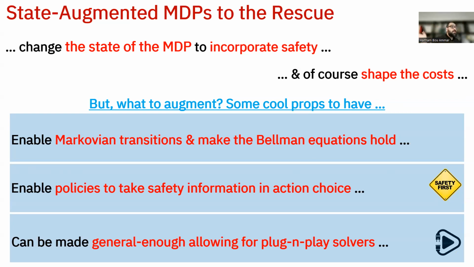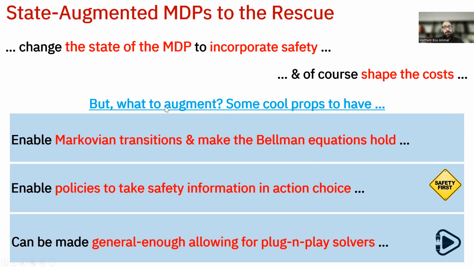But if I'm able to do this, then I have a policy which is explicitly depending on the safety. And if I was smart by how I augment my state variable, then I would be able to write a Markovian transition again.